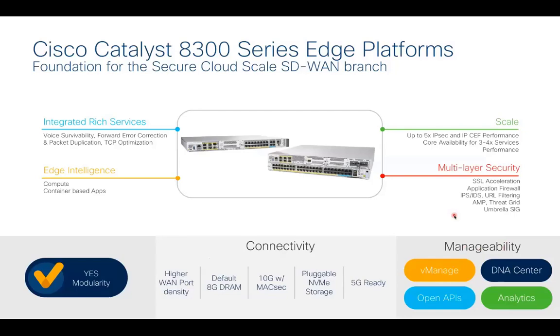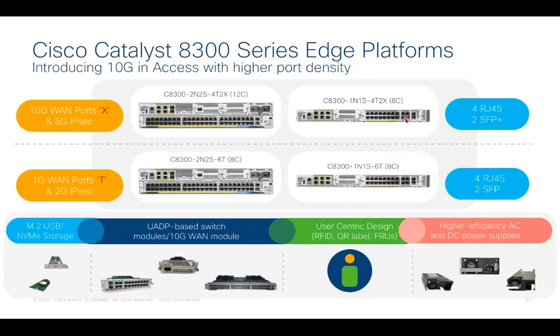All right, let's get into more details. What are the different flavors of the 8300 series Edge platforms? So we have introduced two 2RU and two 1RU platforms. I think it's very important for you to understand how to read the PID. So I will take you through an example on one of the 2RU platforms.